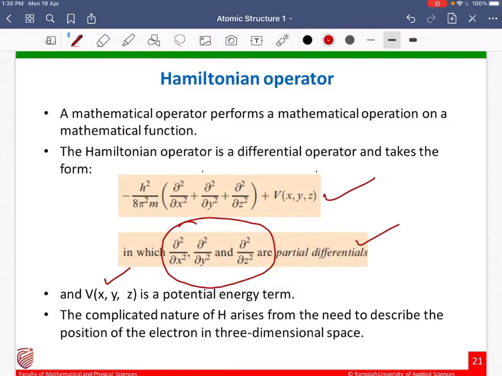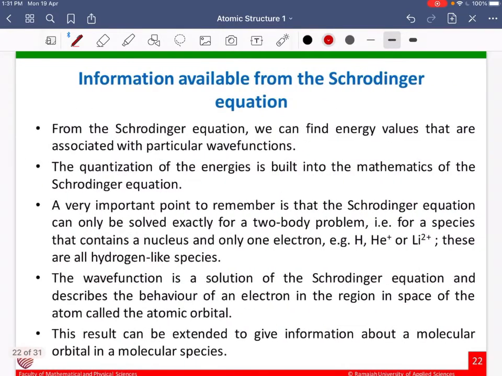The complicated nature of H arises from the need to describe the position of the electron in three-dimensional space. Why is H more complicated in nature? Because it actually needs to describe the position of the electron in three-dimensional space, which is difficult to represent.